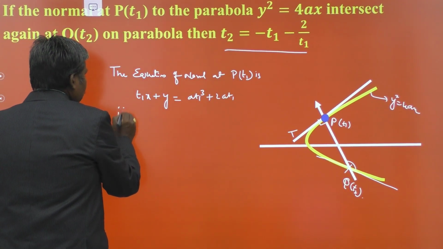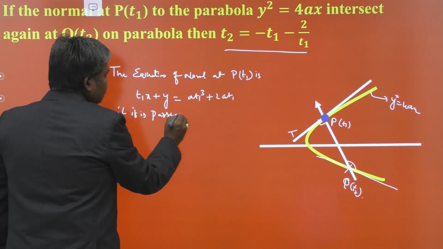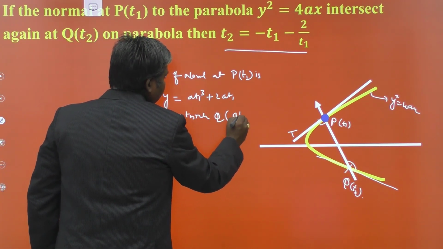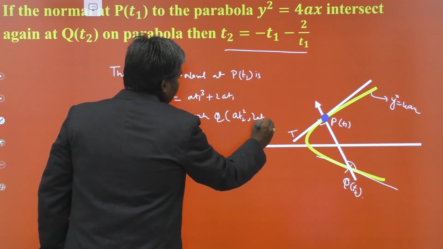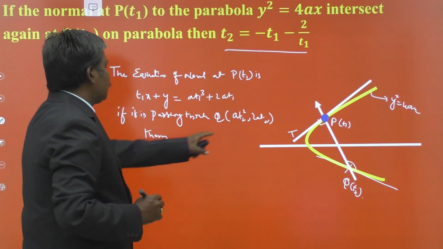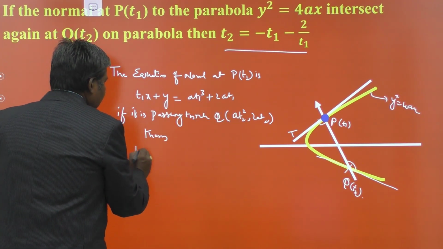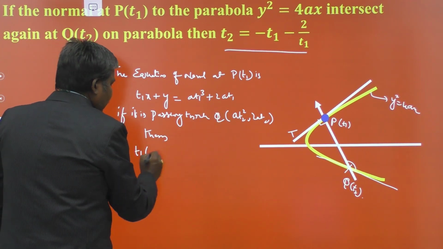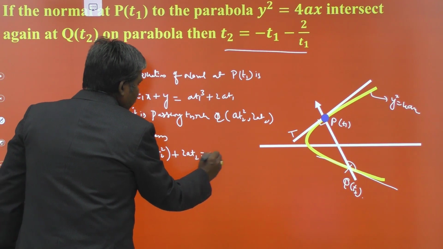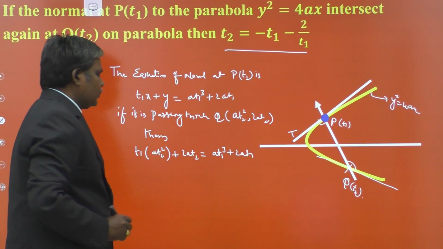If it is passing through Q(at2^2, 2at2), then substitute x by this x coordinate and y by that y coordinate. We get t1 times the x coordinate, at2^2 + 2at2, is equal to at1^3 + 2at1.